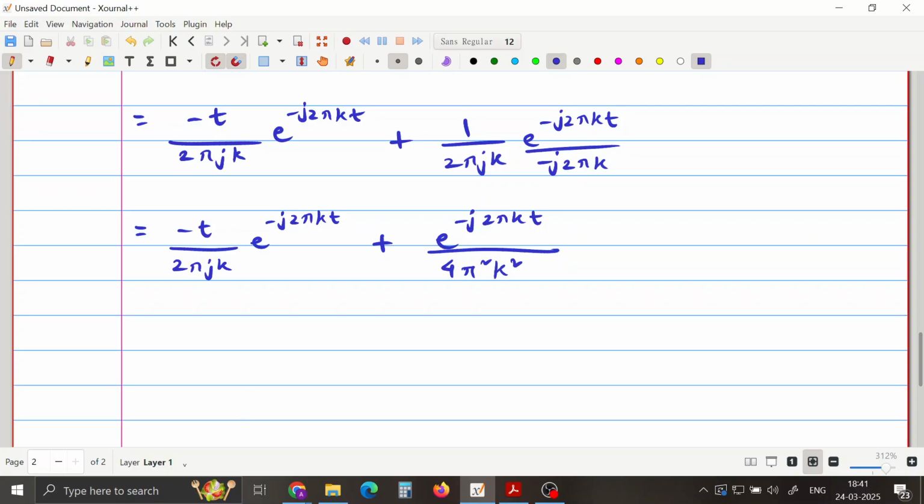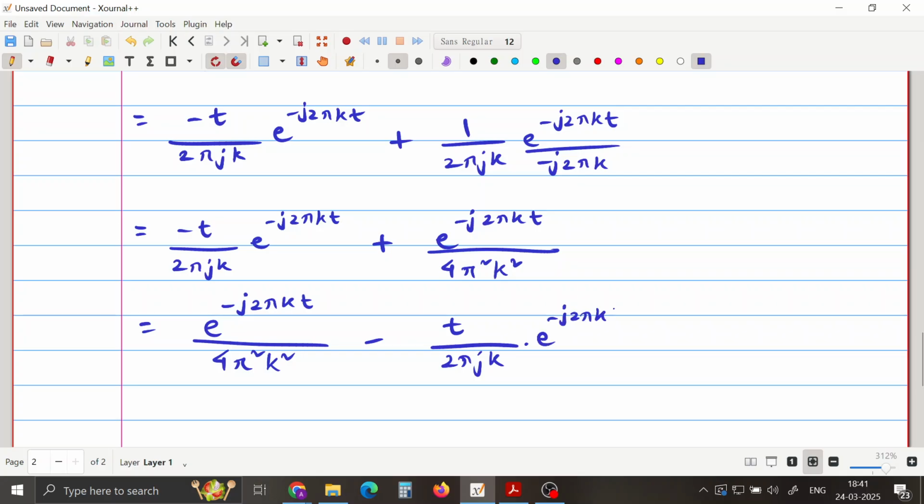All right, now this is the form for our integral in hand. So I can just change the ordering, keeping the term with the positive sign in front and just doing this small thing, 2 pi jk to e power minus j 2 pi kt.